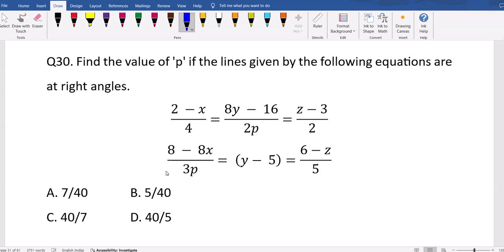See the problem. Find the value of p if the lines given by the following equations are at right angles. Guys, this is right angles, perpendicular. The lines are perpendicular. Then what is the value of p? Everyone check it out. You need to calculate the value of p.